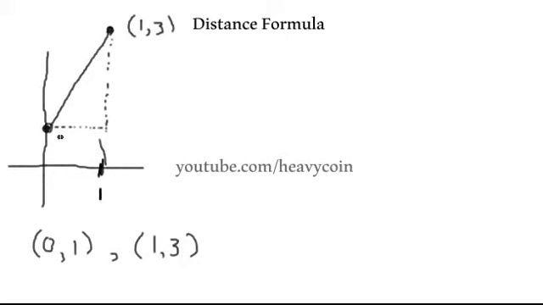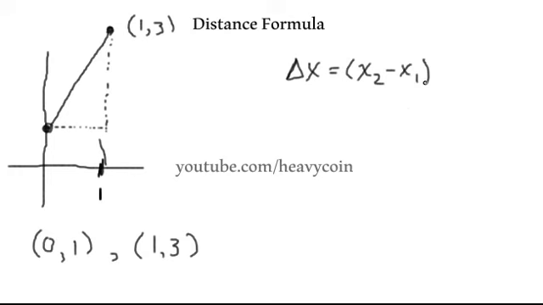Okay, so we called this distance here delta x, and this distance was known as delta y. So let's take a look at that. So delta x, remember we said was x of 2 minus x of 1.